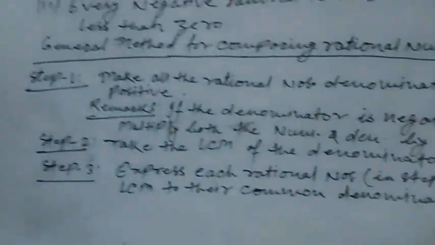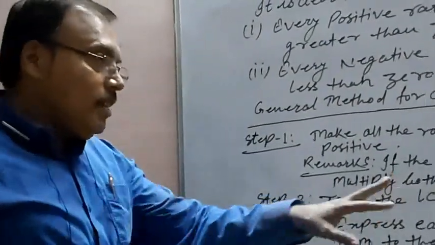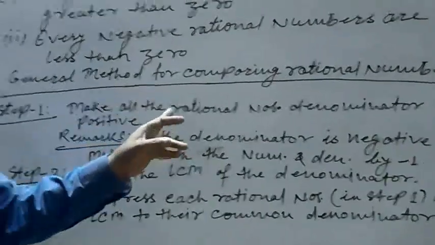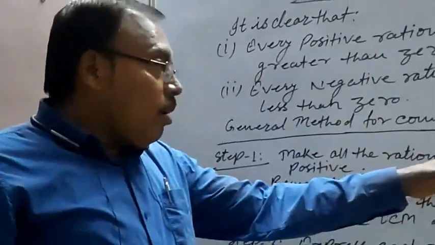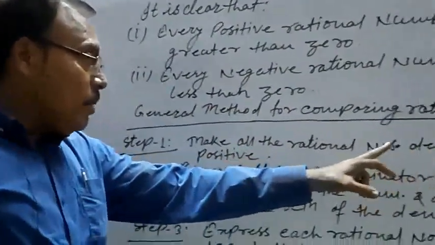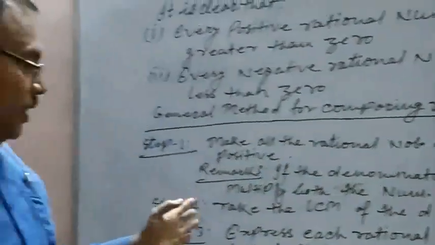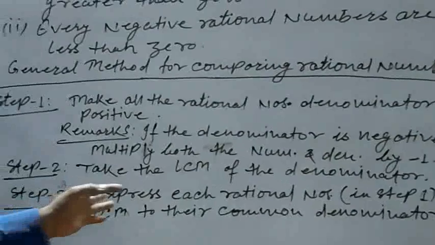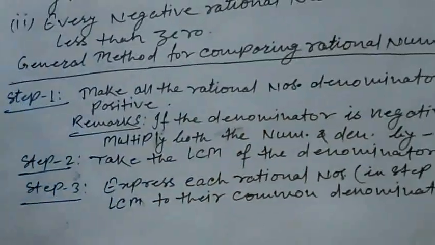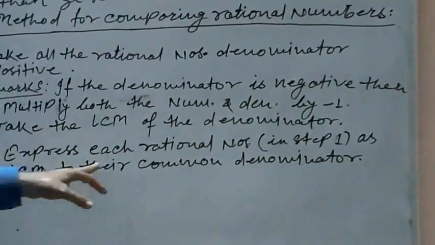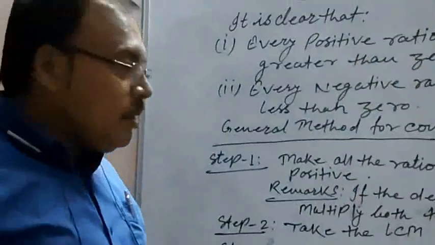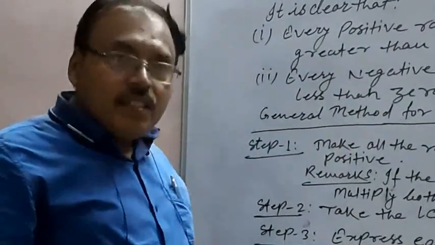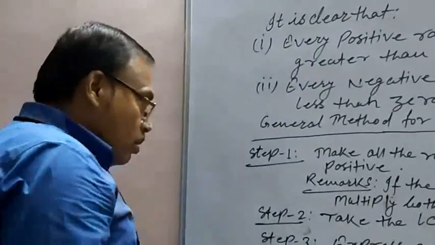First of all, in step 1, we make all the rational numbers' denominator positive, and after taking LCM of each denominator, we express each rational number with the LCM as their common denominator. It means that we make their denominator equivalent to the LCM also.